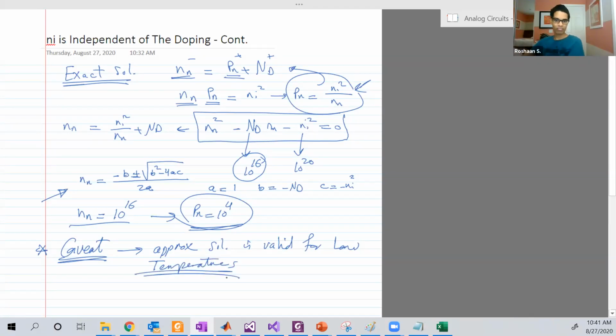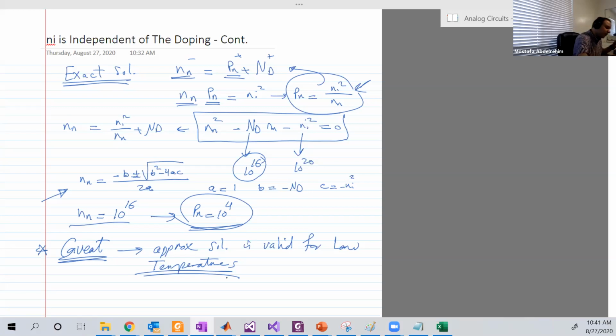And we will see examples afterwards. If you increase the temperature to, for example, 600 to 800, the approximate solution will be wrong, and you should go back to the exact solution.